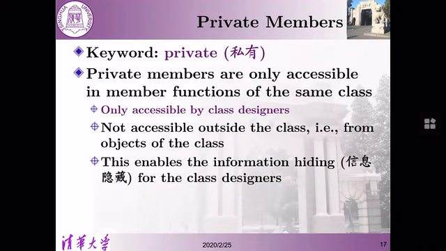Then for private, we have learned that private members are only accessible in member functions of the same class. That means only accessible to the class designers, right? So this enables information hiding. We will learn this later, okay?